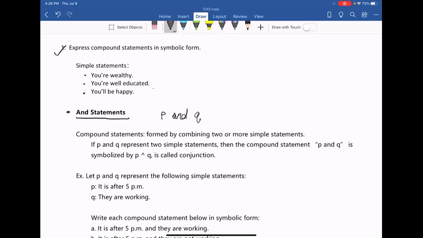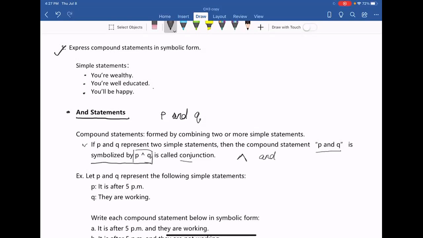The compound statement is formed by combining two or more simple sentences. If P and Q represent two simple statements, then the compound statement "P and Q" is symbolized by P ∧ Q. We use this symbol to represent "and".